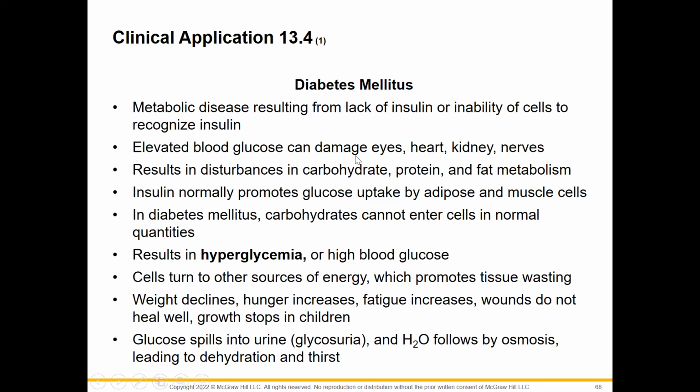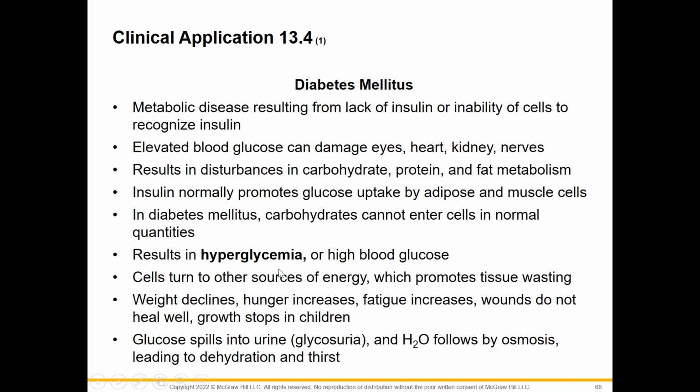That's what normally happens. But in diabetes mellitus, because this glucose cannot get into those cells at a normal pace, that's where the problems will start to occur.